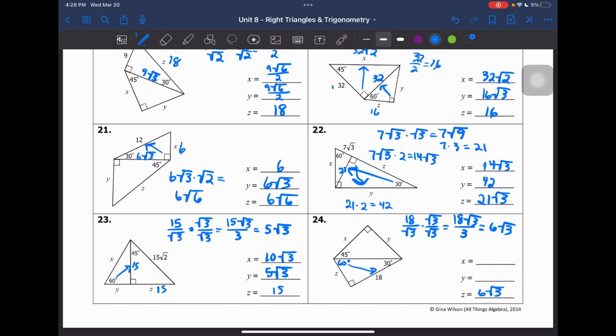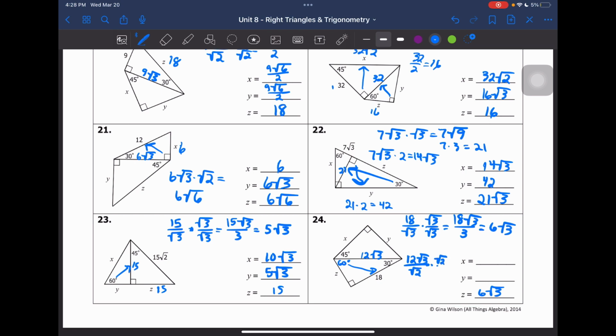So 6 root 3. I could find the hypotenuse of that triangle, which also happens to be the hypotenuse of the other triangle, by just doubling 6 root 3. That's going to be 12 root 3. And then I can work backwards with that 12 root 3 and divide that by root 2 in order to get the legs.